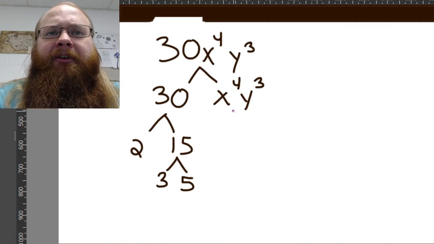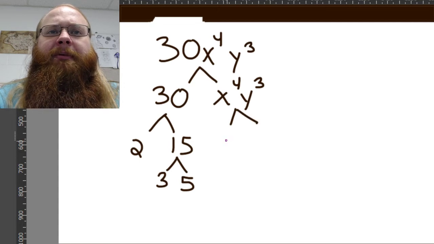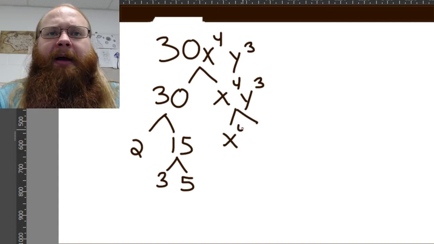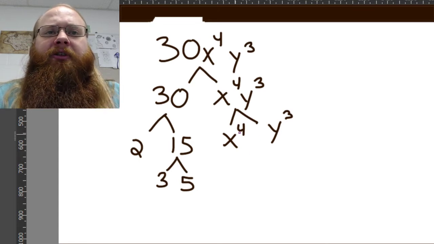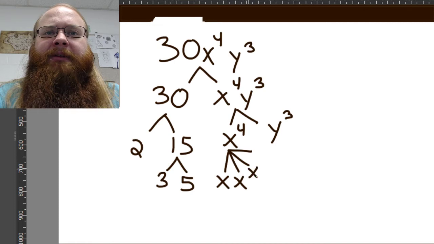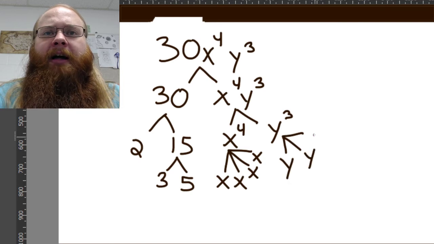To factor variables, we want to first split them up into each individual variable. So I'm going to split my x's up and my y's up. The fun thing with this is, if you look at the exponent, x has an exponent of 4, so we're going to make that just 4 x's, because that's what that exponent stands for. We're going to do the same thing with the y. We're going to split it up into 3 y's.